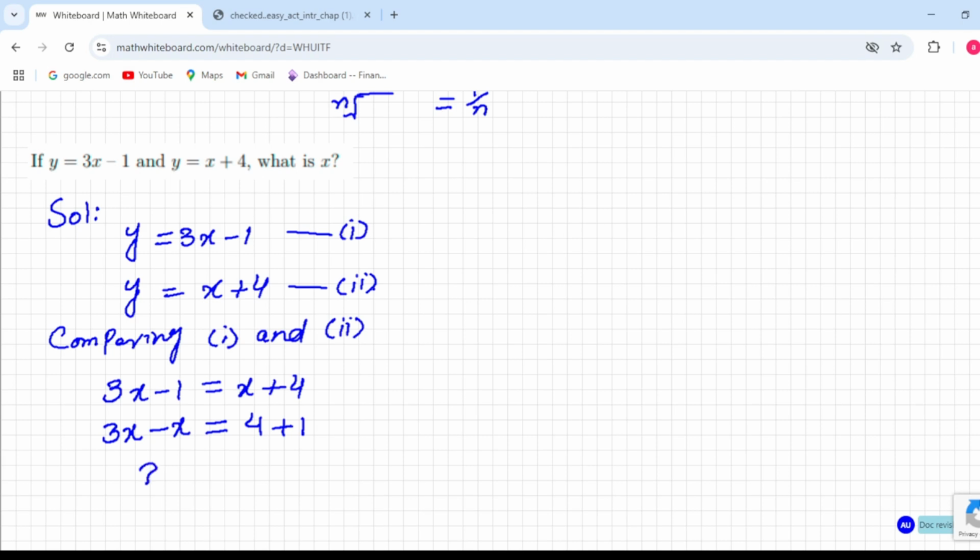So 3x minus x is 2x is equal to 4 plus 1 is 5, or 2x is equal to 5. This 2 is multiplied by x here, so if we bring it to the right side, it will become divided by 2. So x is equal to 5 by 2 is the answer of this question.